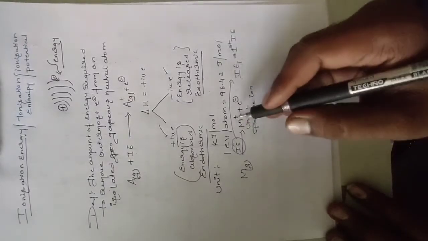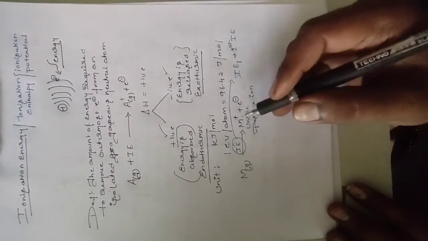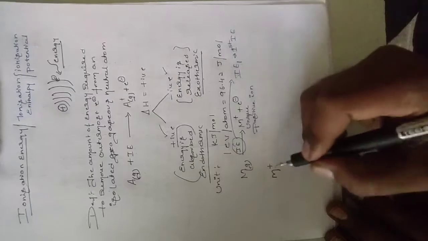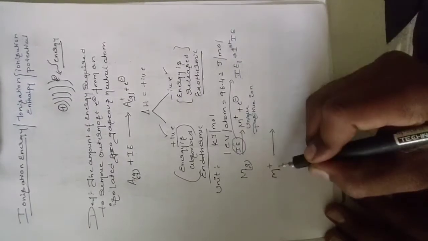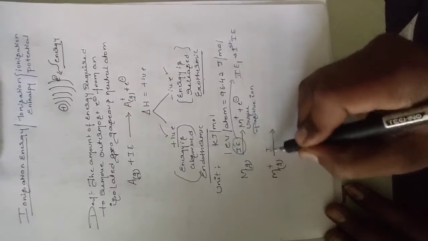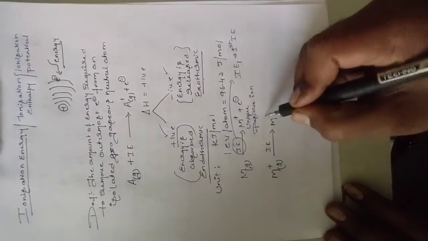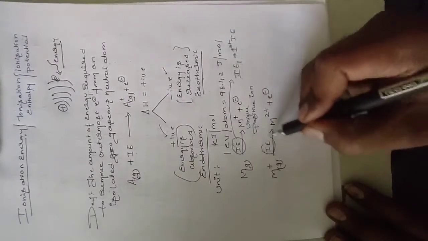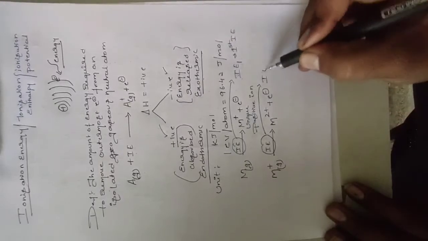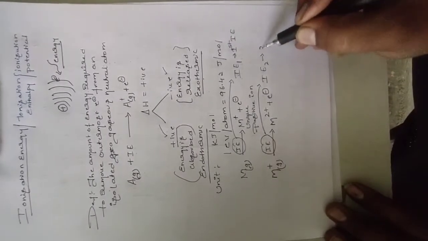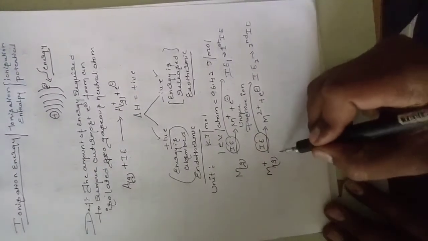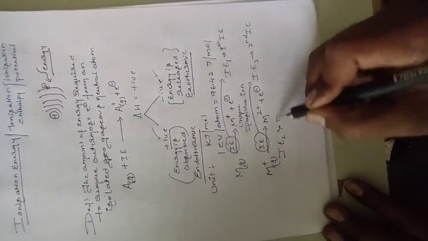Again, if we remove another electron from the positive metal, M plus, in the gaseous state, by giving ionization energy, it gives M2 plus. This is called the second ionization energy. The second ionization energy is greater than the first ionization energy.